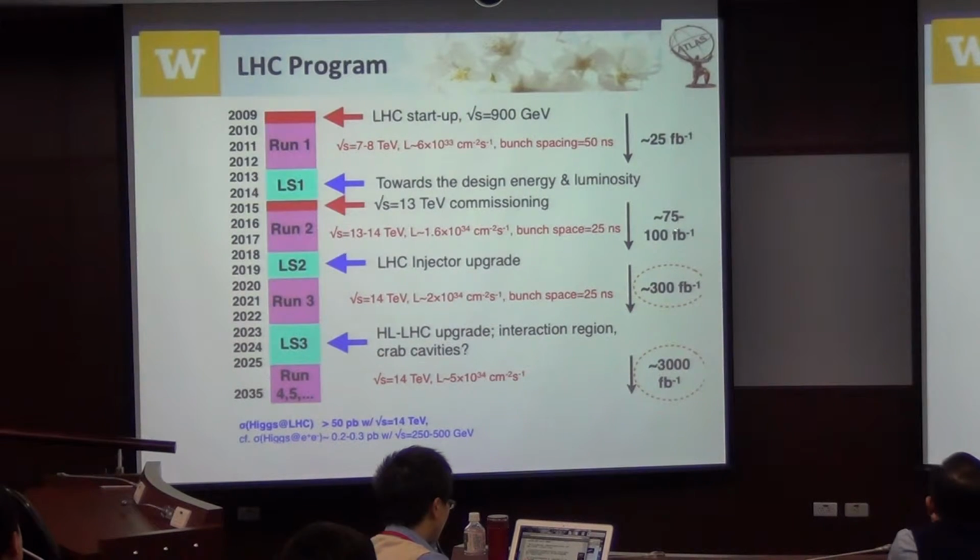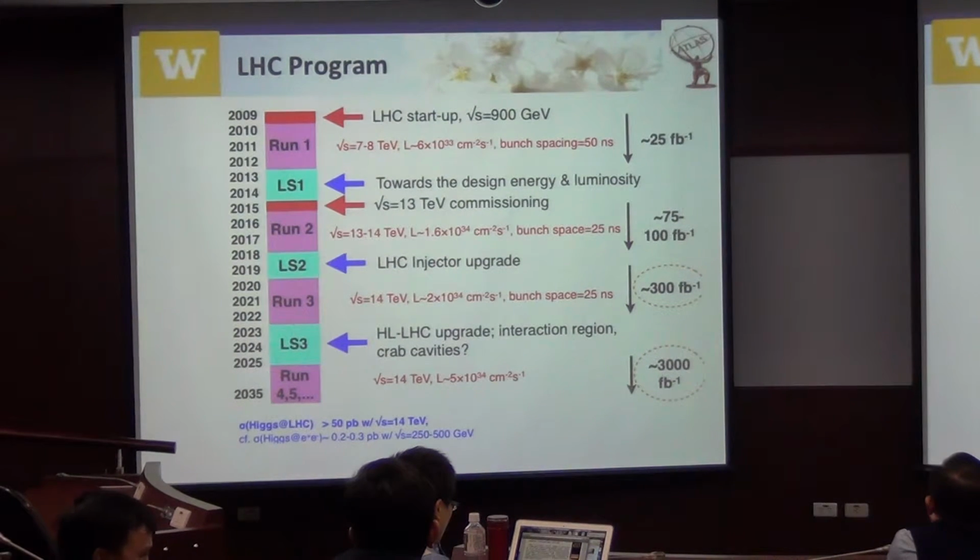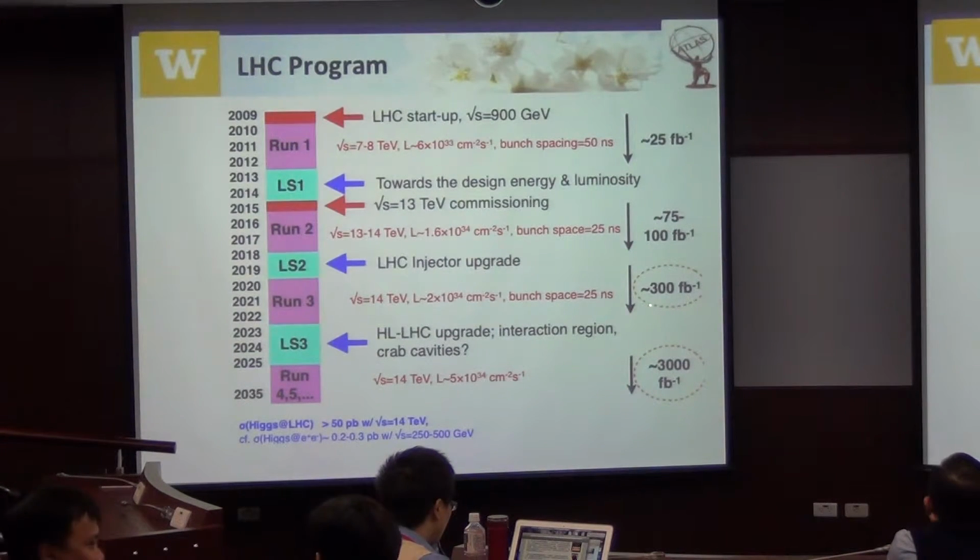We expect to accumulate 100 fb^-1 by 2018. Then we have another upgrade, which can really ramp up to 14 TeV with a higher luminosity. By 2022, we expect to have 300 fb^-1 of data. Then we have another long shutdown.